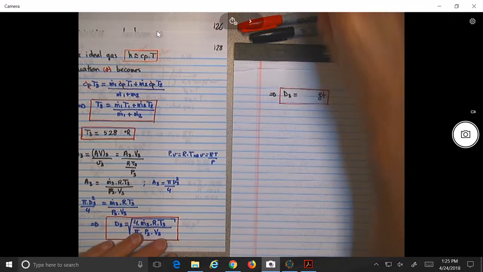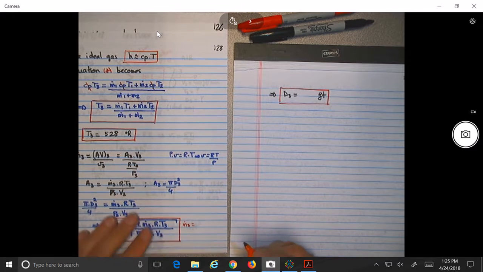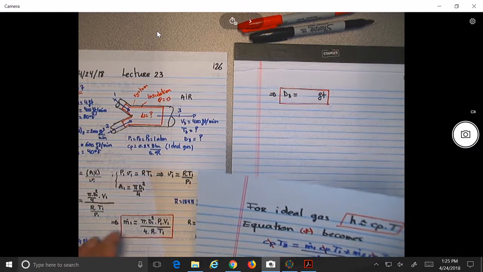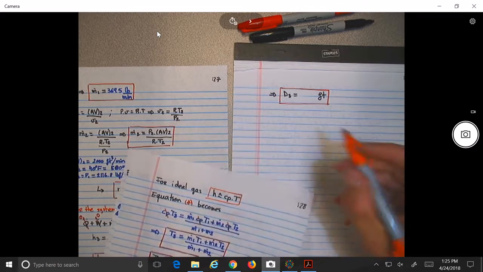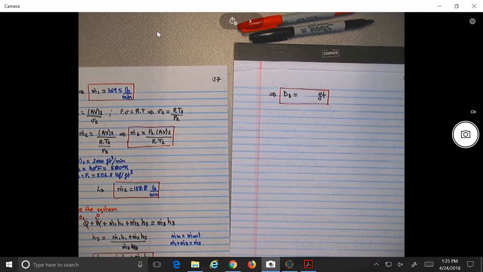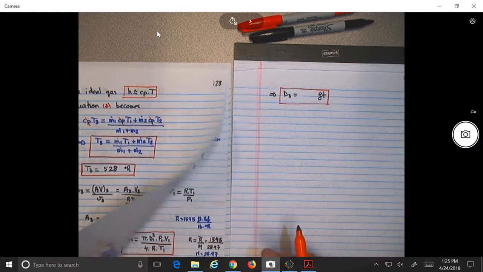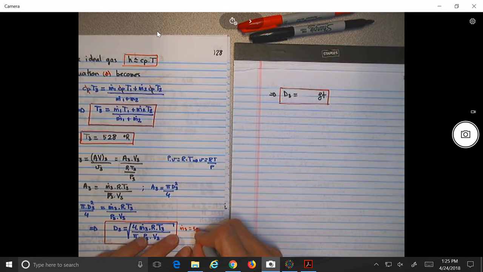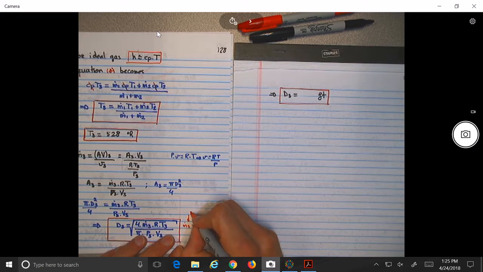M3 should be whatever we had, the 369.5 plus the 158.8, no? 528.27. This is basically M1 plus M2.